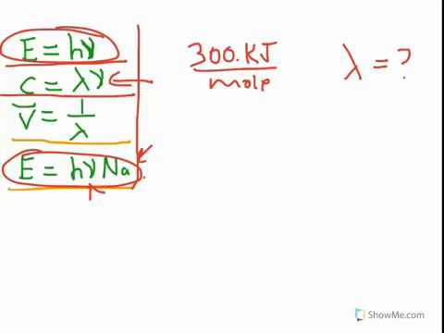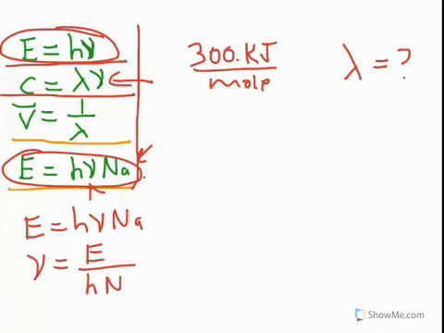This is an algebra outcome, so you have to start and show the algebra. E equals H nu in A. I rearrange the equation: nu is equal to E divided by H in A. Then I plug in numbers. You have to show the rearranged equation, then plug in numbers.